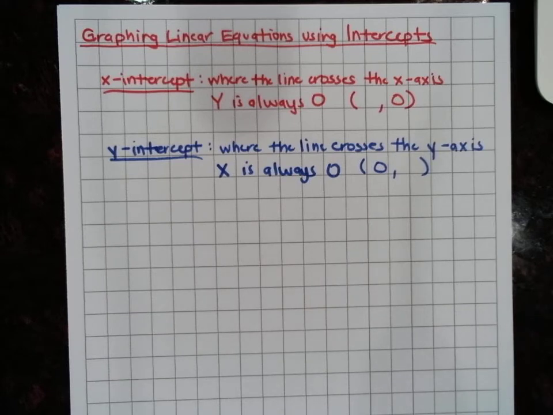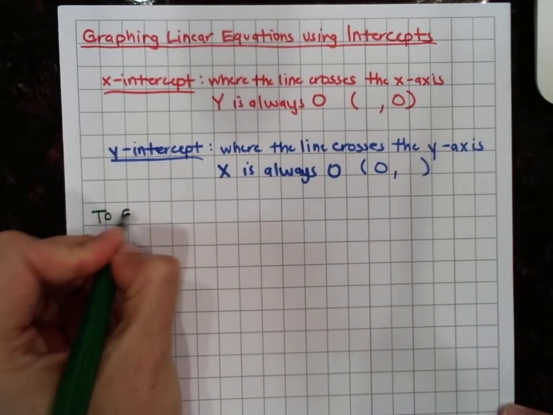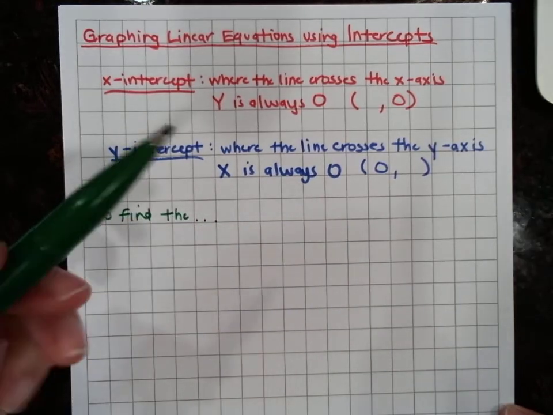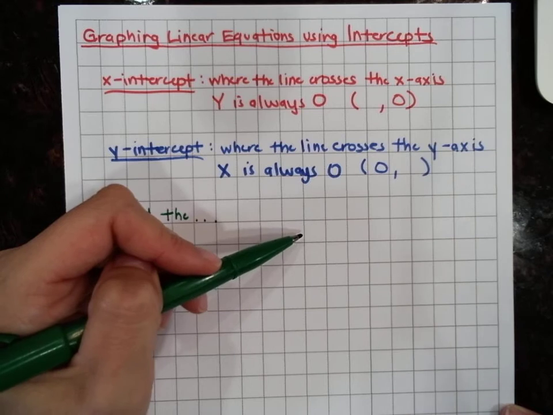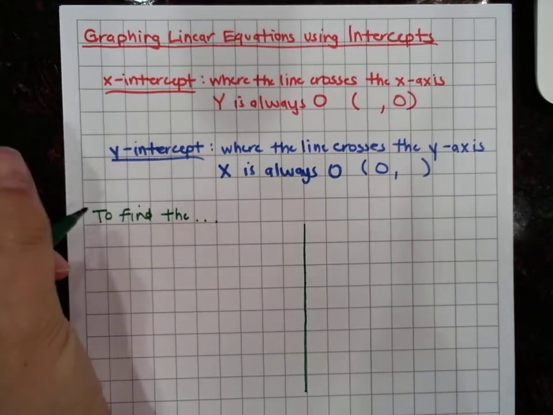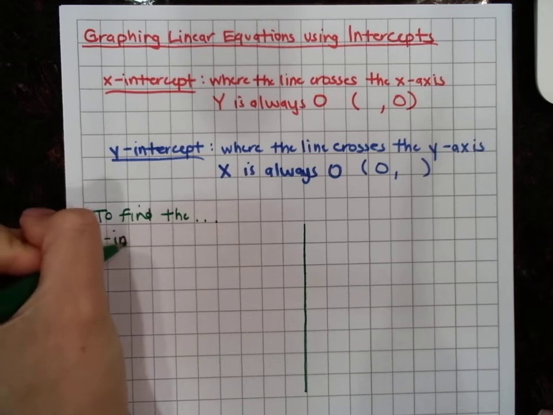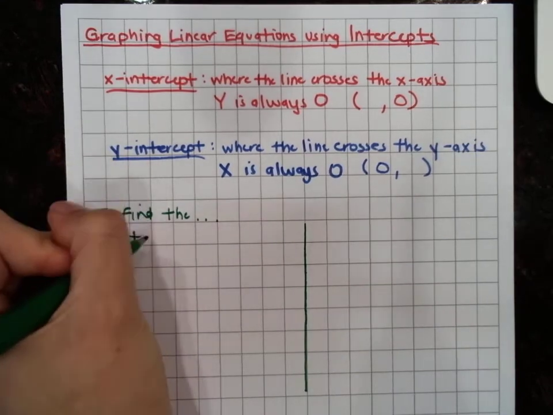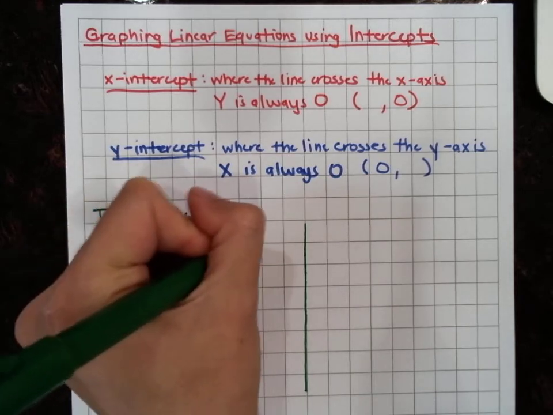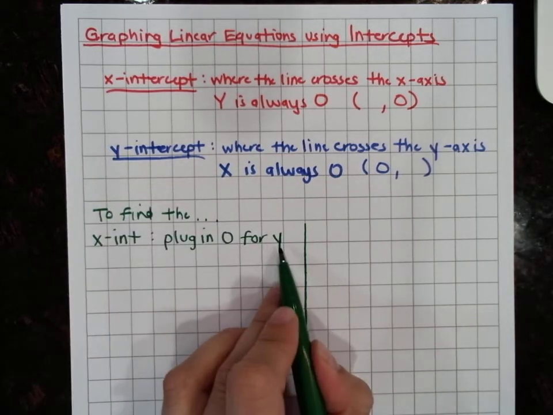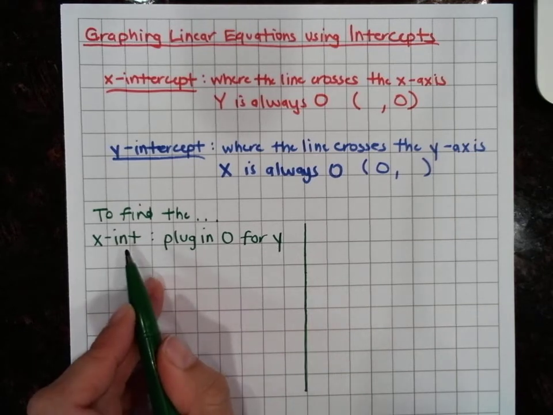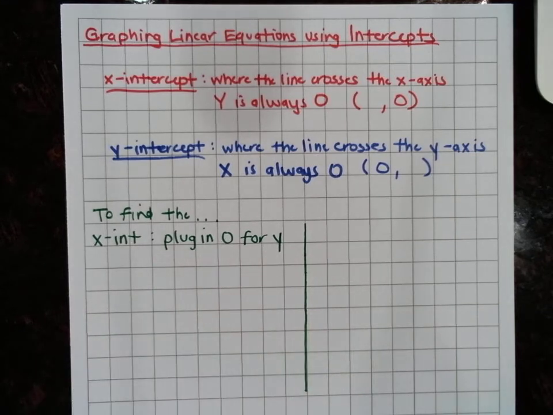Okay, so to find the x-intercept, you're going to plug in 0 for y, right? We know that y is always 0, so we're going to plug that in.